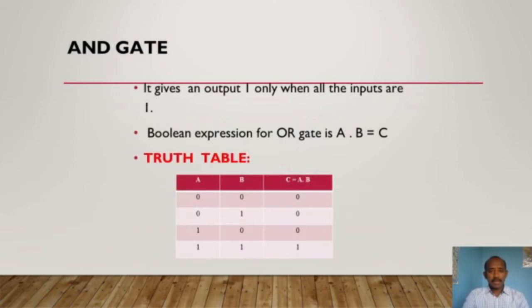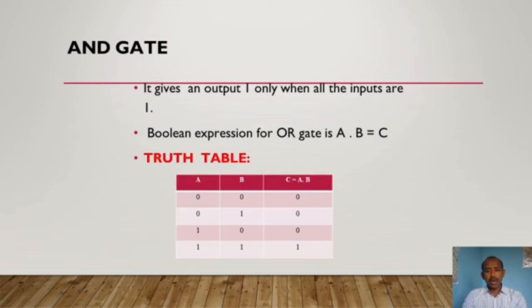Next we have the AND gate. It gives an output of 1 only when all the inputs are 1. If you give 0 and 0 as the input, the output will be 0, because we are doing binary multiplication here, that is 0 into 0 is 0.